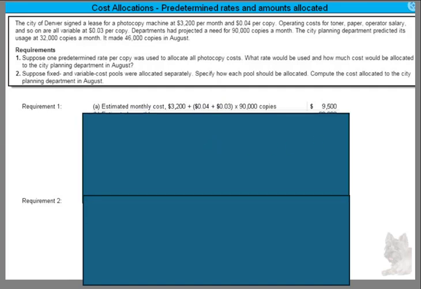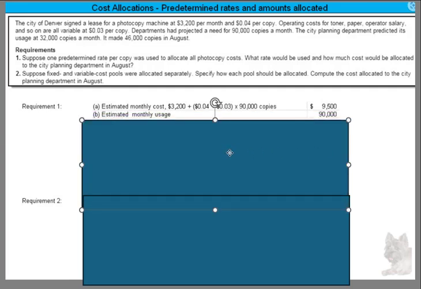Okay, so our first calculation, the estimated monthly cost would be the $3,200, that's the lease cost per month, plus the 4 cents per copy that they're charging and the 3 cents of operating cost, times the 90,000 copies. So our estimated monthly cost is $9,500.